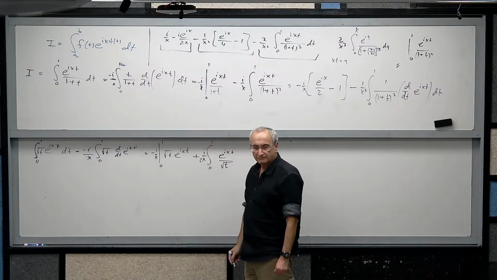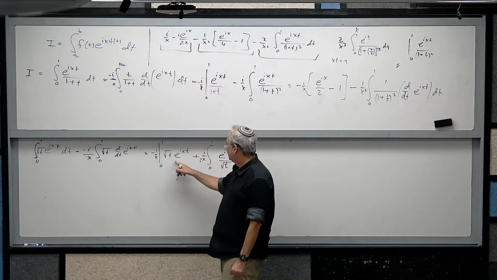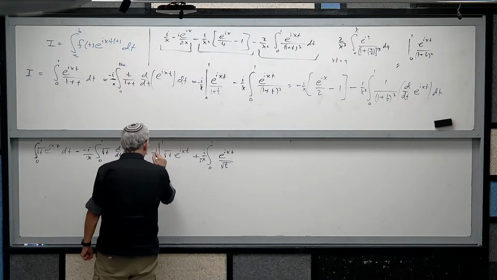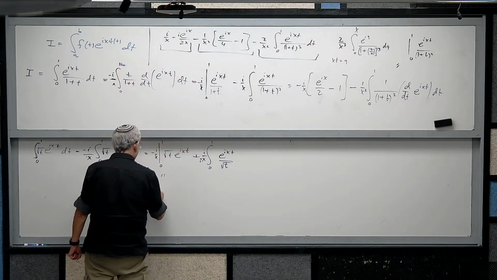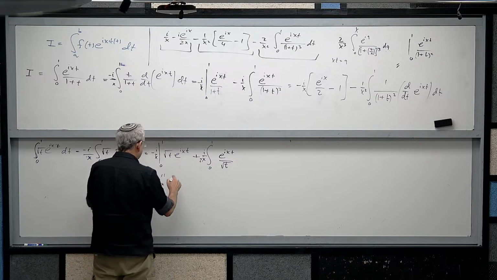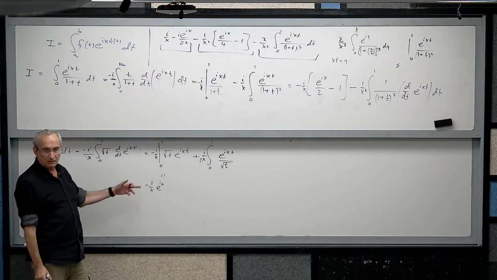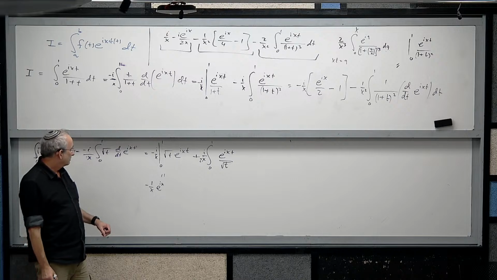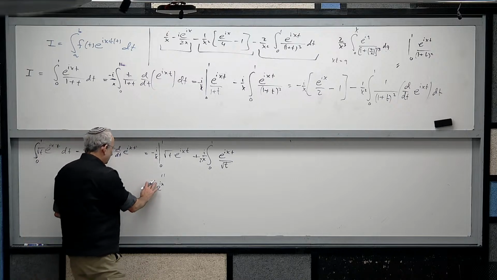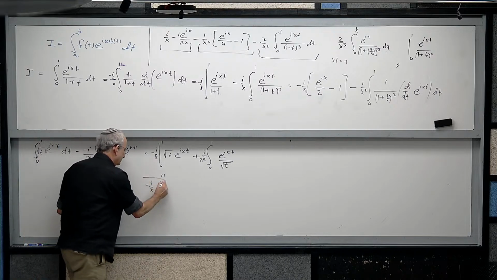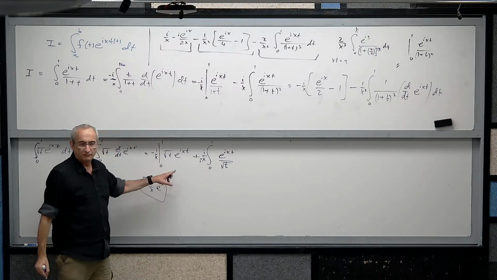Now, this is a legitimate thing, because here I have minus 1 over x times e to the ix, and I have no contribution from the lower limit. This is the contribution from here.